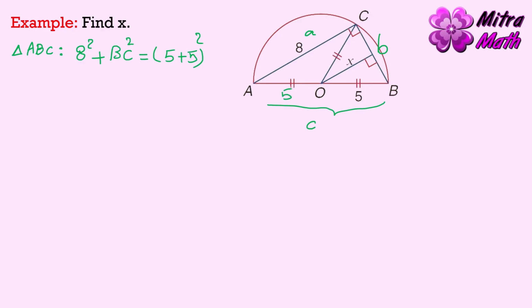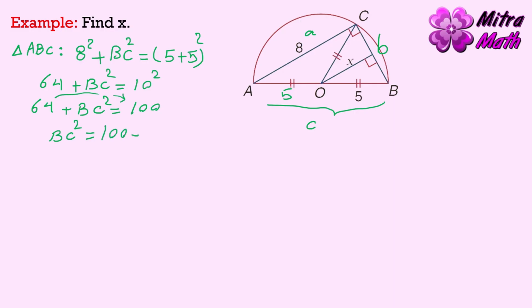So therefore we get 64 plus BC squared equals 10 squared. 64 plus BC squared equals 100. If I move this term to the other side, BC squared would be 100 take away 64. So BC squared would be 36.